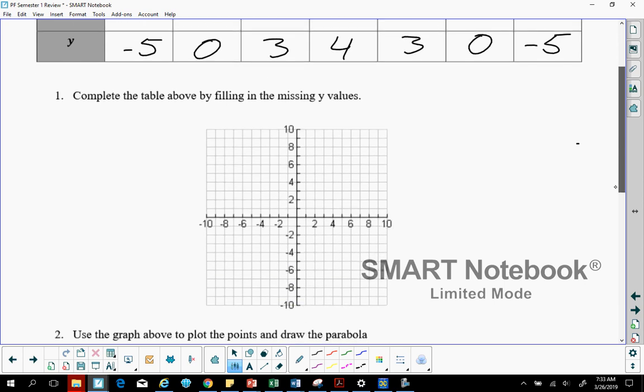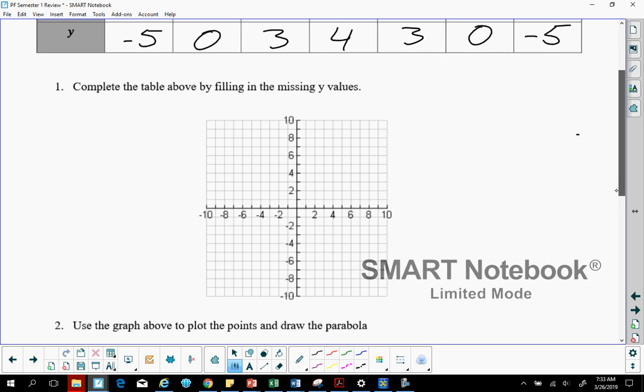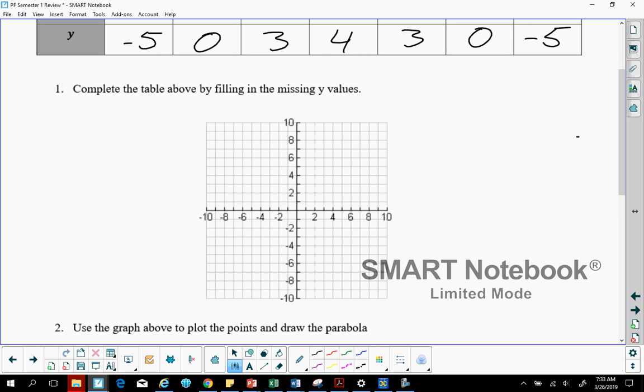After that, we're just plotting points. So the first one we have is -5, -5: over 5, then down 5. Then we have -4, 0. -3, 3.